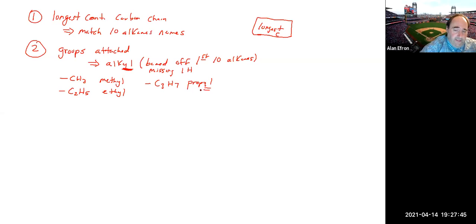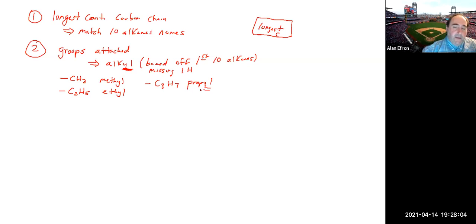You continue on in this fashion. If you had a 4-carbon group attached, 4 carbons is based off of butane. If it's missing one hydrogen and it's a group, it would be a butyl group, and so forth. Continue on: a pentyl group, a hexyl group, and so forth.